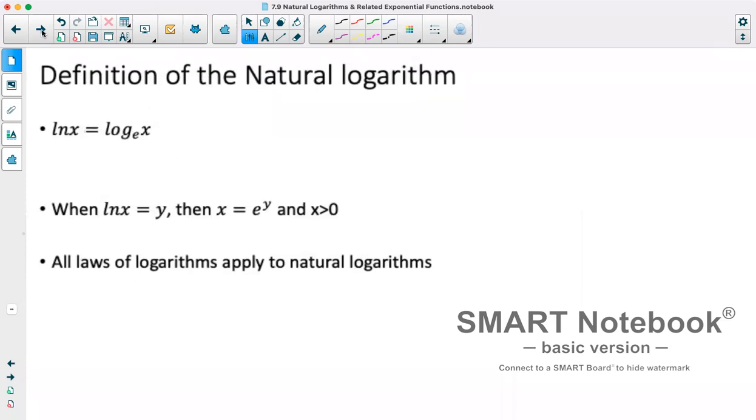Now, a natural logarithm is defined whenever we see ln x. So this is the natural logarithm where we have a base of e. So we're using Euler's number as the base of our logarithm, and this we refer to, like I said, as our natural logarithm.